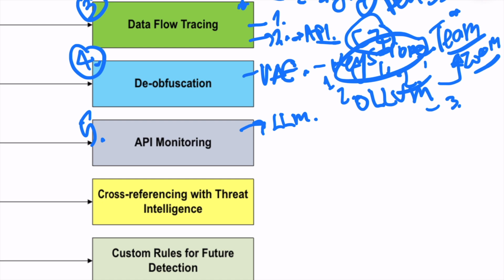DeepCode AI would monitor those calls to understand how the malware generates new code or executes payloads. So what is the purpose of this? It is to identify the malware's use of external services, specifically code generation or payload execution. And in terms of steps, we have here three steps that need to be performed.